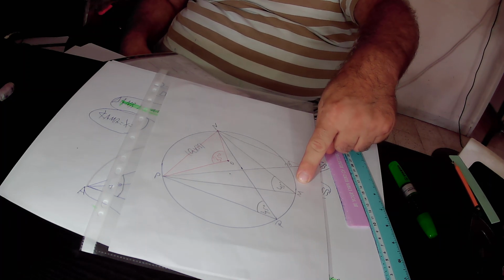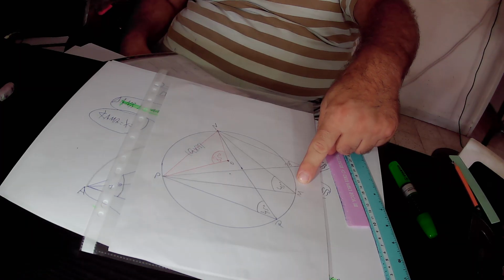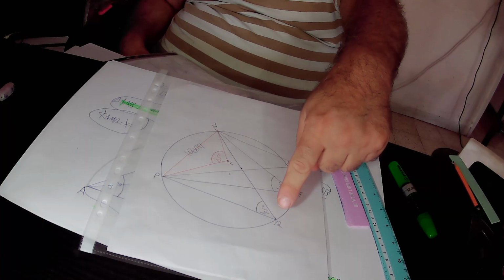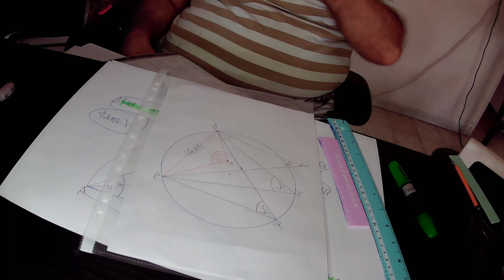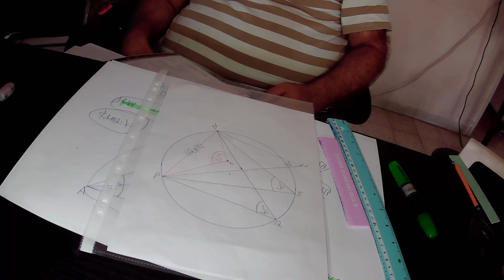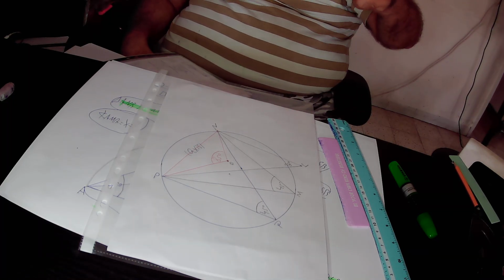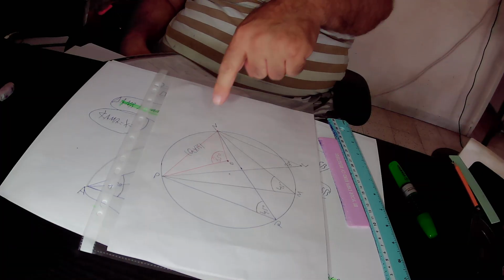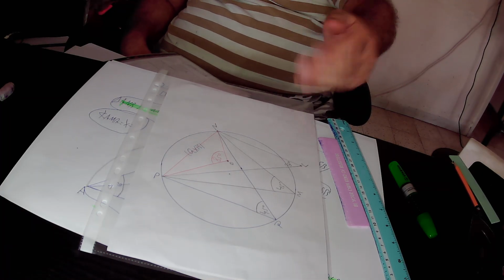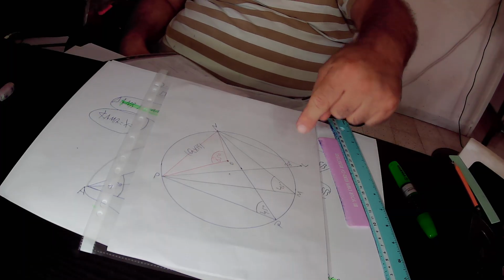The vertex M of this peripheral angle lies on the circle, and the vertex Q of this peripheral angle lies on the circle. But what happens with an angle that subtends on chord NP and is located outside the circle, not on the circle but outside the circle?